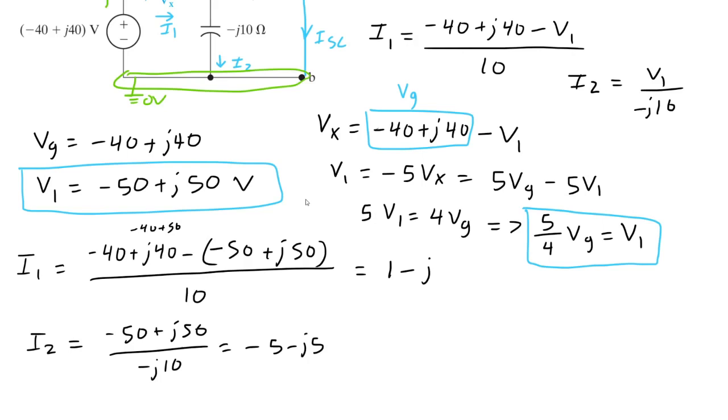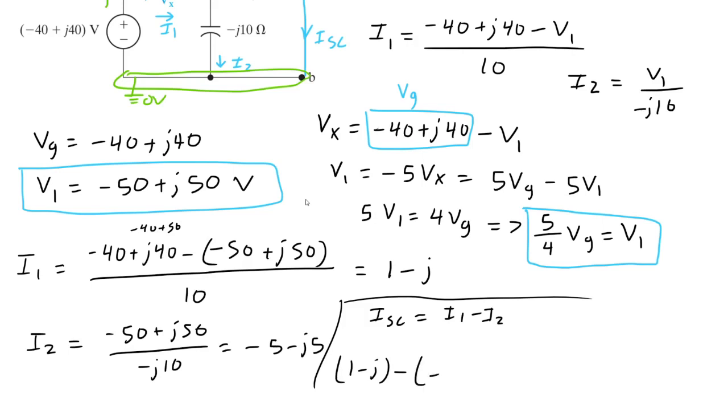All right, so if we take the expression, let's do I short circuit equals I1 minus I2. If I1 is 1 minus j and I2 is minus 5 minus j5, that means that I short circuit is 6 plus j4 amperes.